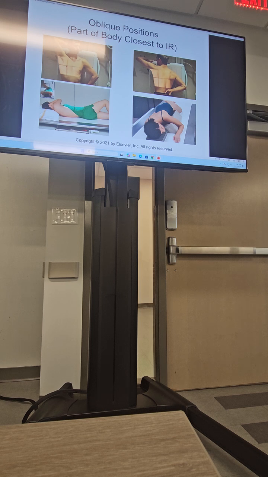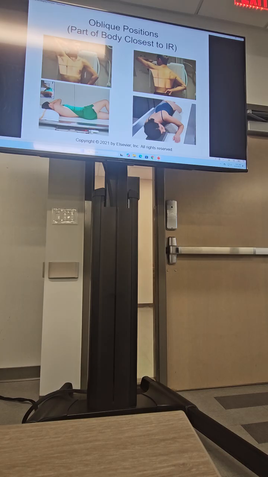When describing obliques, regardless of erect or recumbent, two rules apply. First, we say which body side touches the image receptor, right or left. And then which body part faces closer to the image receptor, posterior or anterior. Remember, everything comes from the image receptor, not how you see the patient.